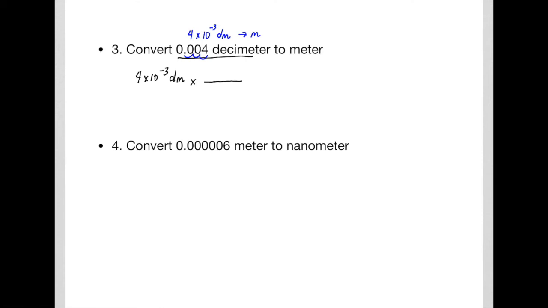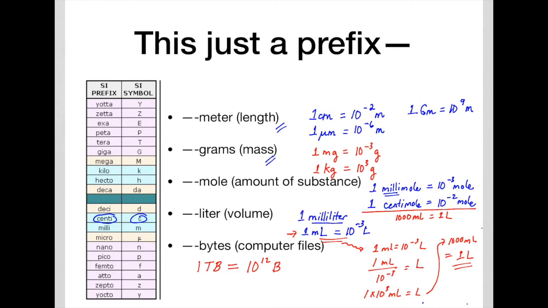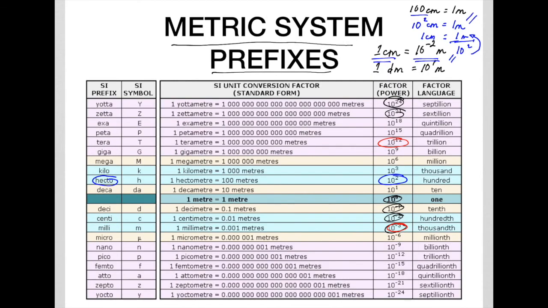For every 1 decimeter is equals to 10 raised to negative 1 meter. Where do I find this? Let's review this table. This one is deci. Let me highlight it. So I have here deci, and then 10 raised to negative 1. That is a tenth of a meter.